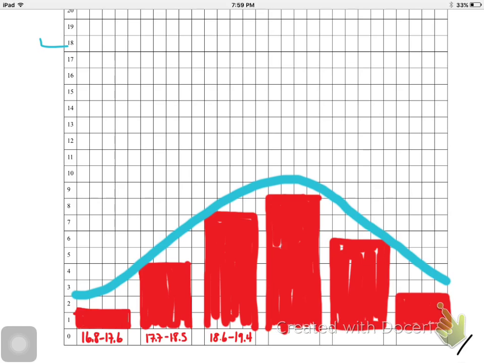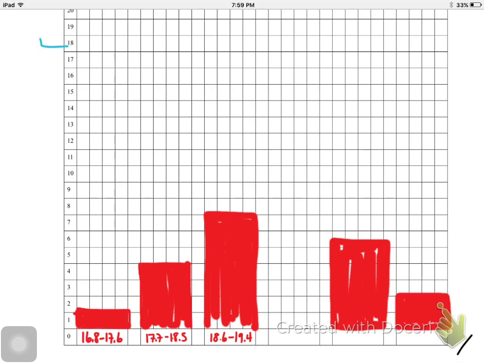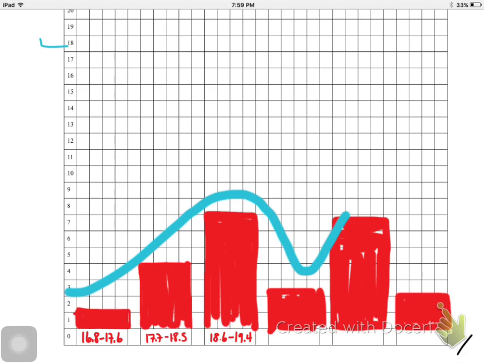So when you go to answer the question about your distribution, now let me do something that I saw here. I saw a distribution that looked a little bit more like this. One of you has data that looks a little bit more like this.